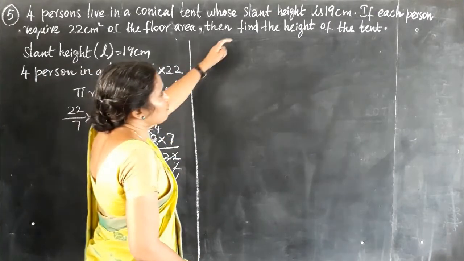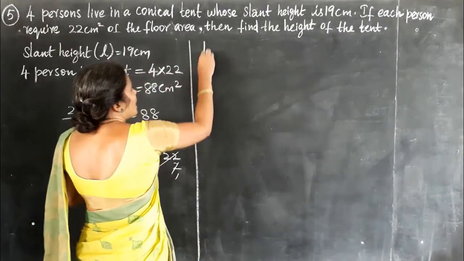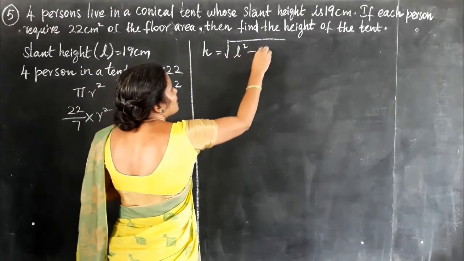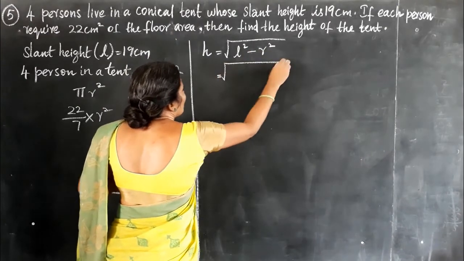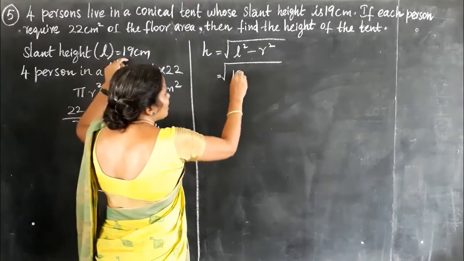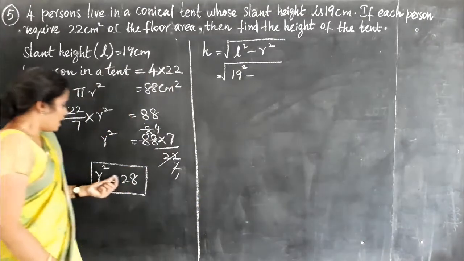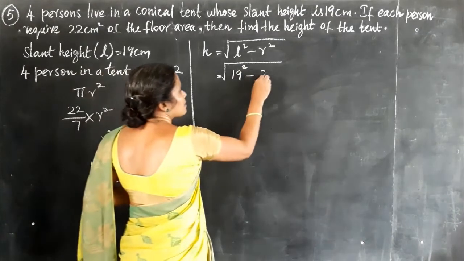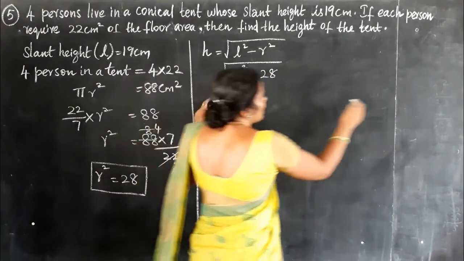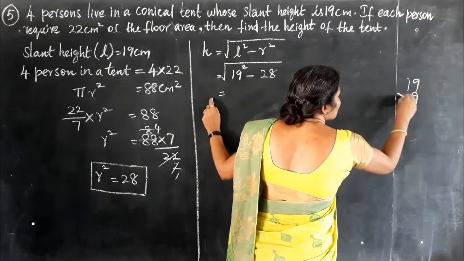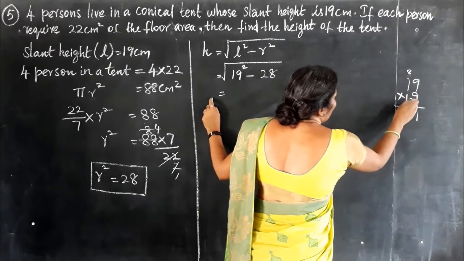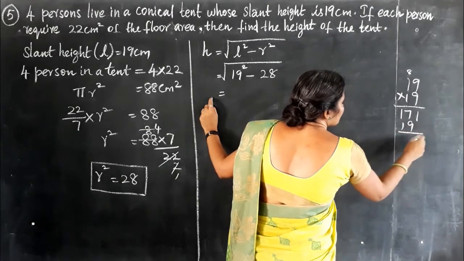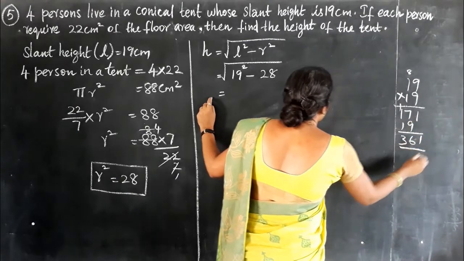And here we are asked to find the height of the tent. So height of the tent is equal to square root of L square minus R square. L square, L is 19 square, minus R square, which we already have as 28, so take 28 as is. 19 into 19, 361.